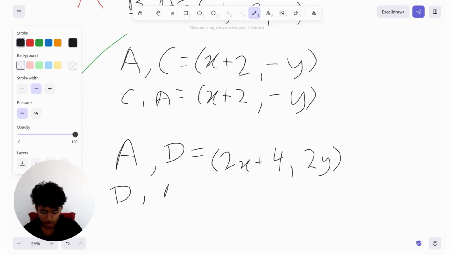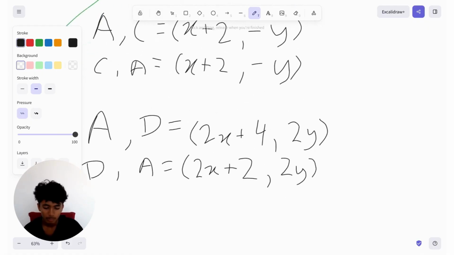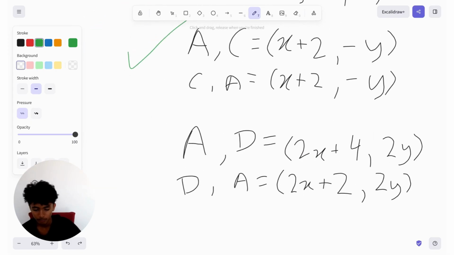Now D and then A would lead to 2x plus 2, comma, 2y. Meaning that these do not work since these constants are not equal. No, wait, my bad.